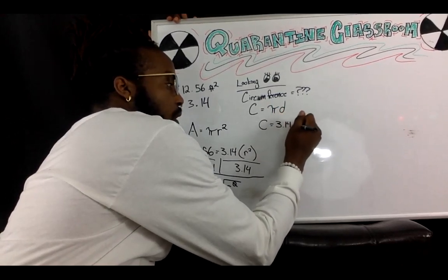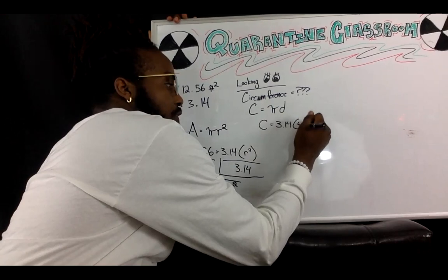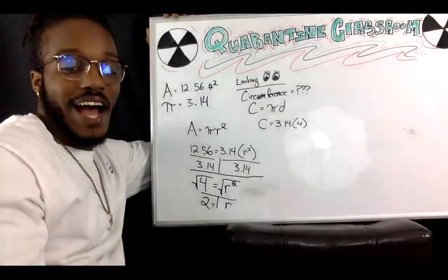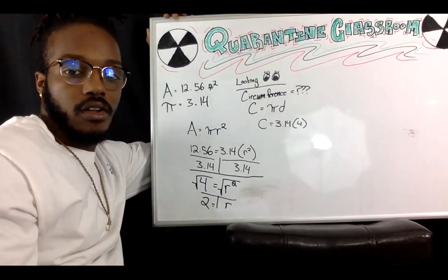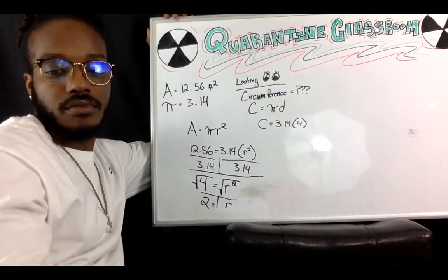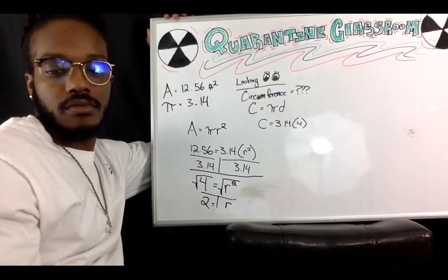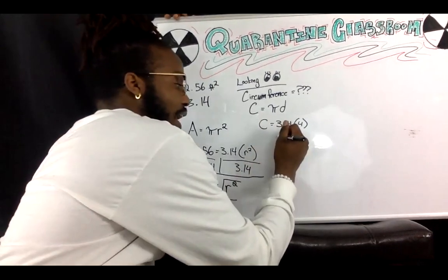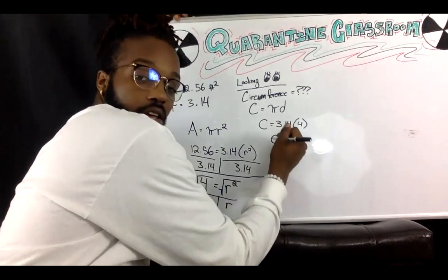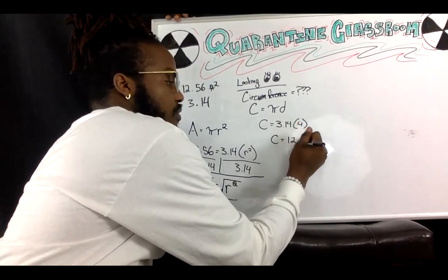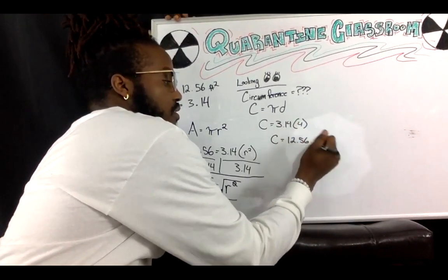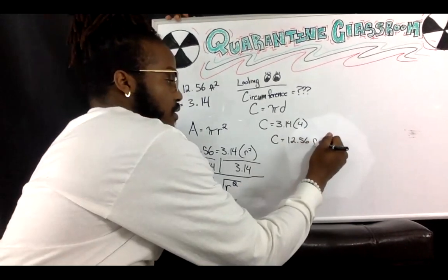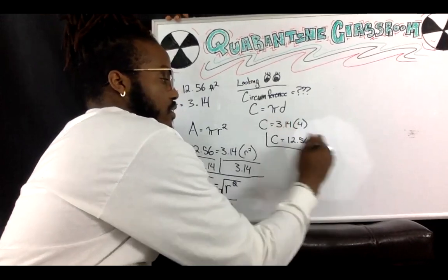I'm going to do 3.14 times 4. Voila, the circumference is 12.56 feet.